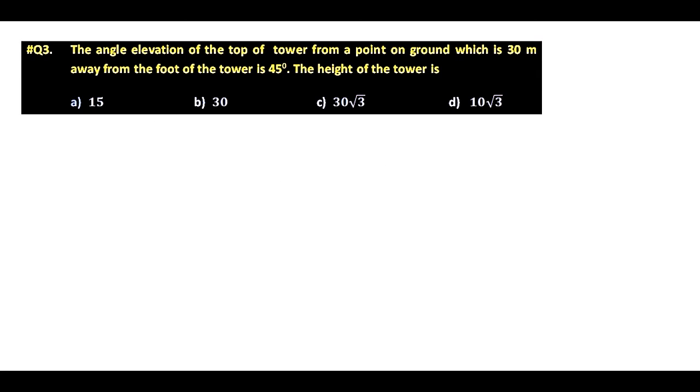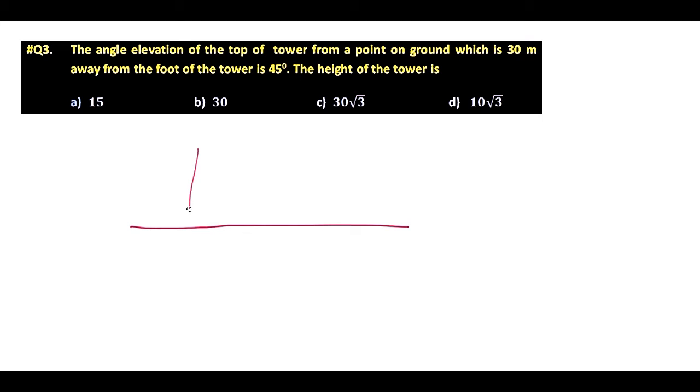This is the next problem. The angle of elevation of the top of a tower from a point on the ground which is 30 meters away from the foot of the tower is 45. The height of the tower is. Can you observe that you are doing the same problem, like the problem we did last?